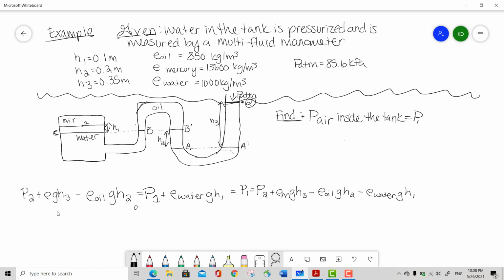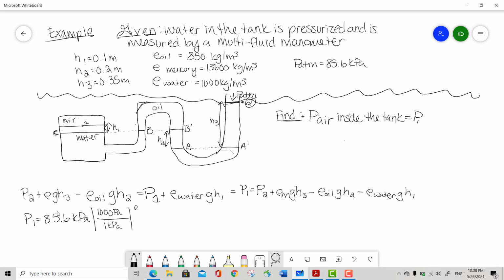Okay, you end up with this, but we need to have homogeneous units. So I'm going to do this the long way so that you can see this work. 1 kilopascal is 1,000 pascals.